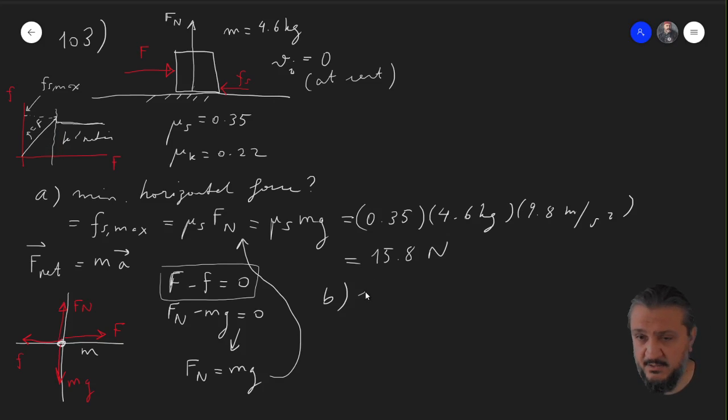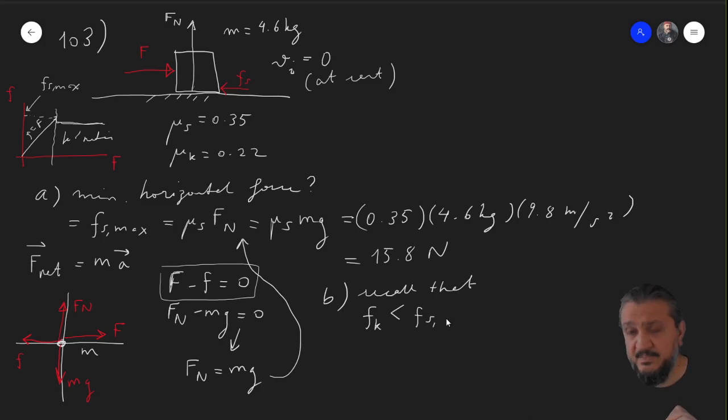So recall that the kinetic friction force, which is a constant no matter how hard you push it, is less than the maximum value of the static friction, which means it will not be equal to 15.8, okay?